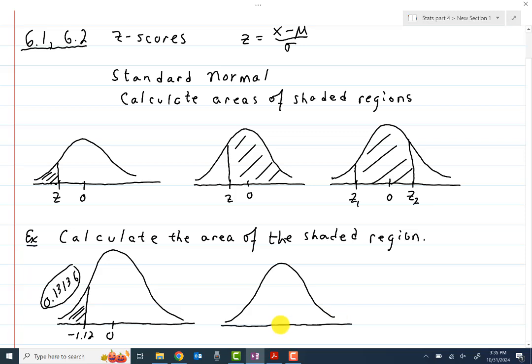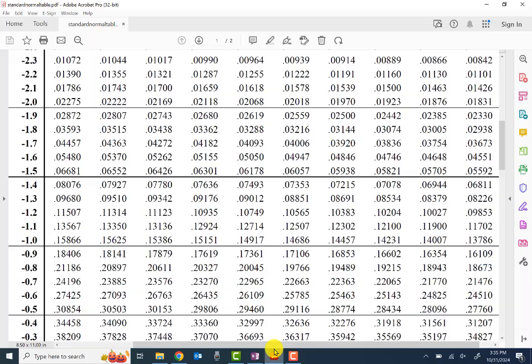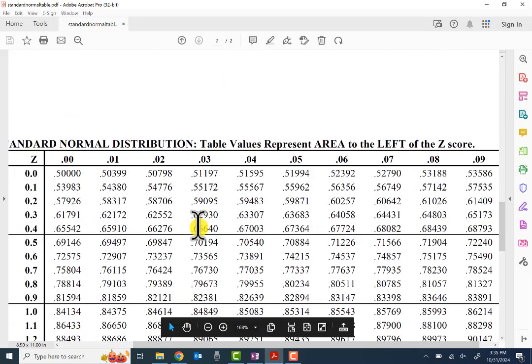The next kind, let's put z on the other side of 0 and go positive. Actually, no, I'll tell you what, let's do 1.12 here. That, of course, you can get right from the table. This time you just look up positive 1.12.